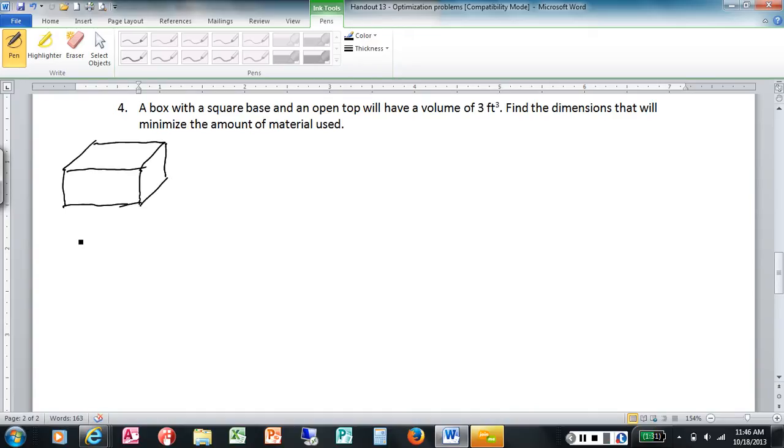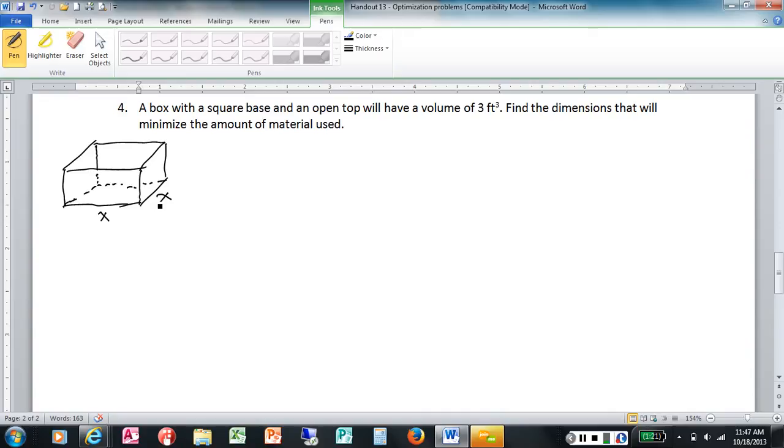And so that means these dimensions are on the base. So the base dimensions are square, so I've got the same dimension here as I do here. Let's call those x. Okay?